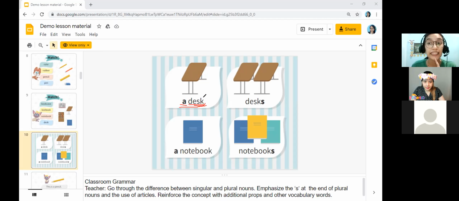A desk. A desk. Good job. A desk. One. One, a desk. Again. A desk. Good, Ina.